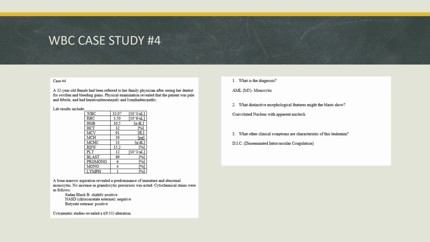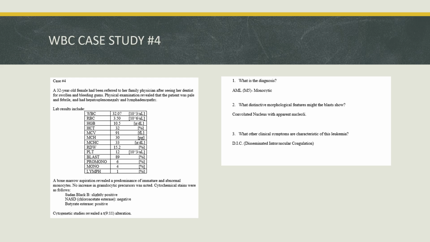Cytochemical tests were as follows. Sudan black B, slightly positive, and we know that Sudan black B does weakly stain monocytes. The NASD was negative, and we know that it would be negative if there's an absence of granulocytes, because remember that specific esterase is very specific to granulocytes.